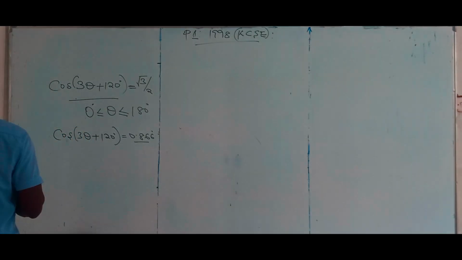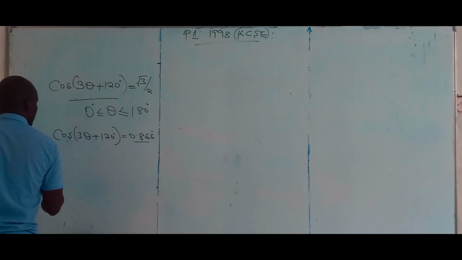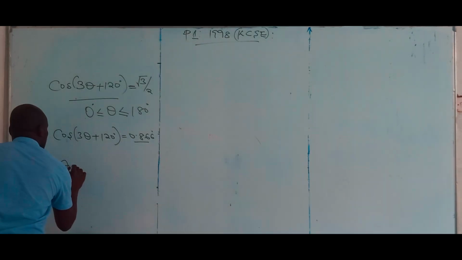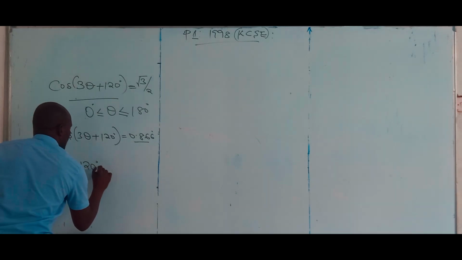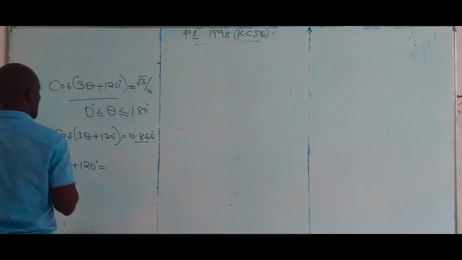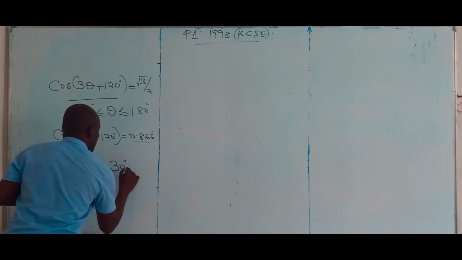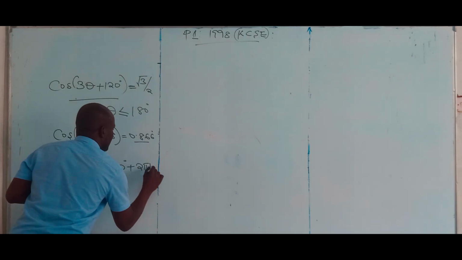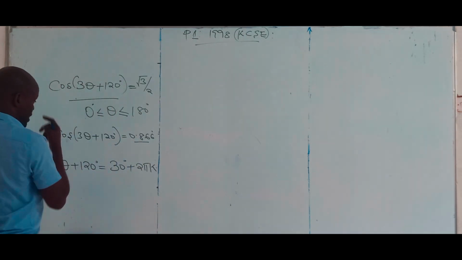So I have that 3 theta plus 120 degrees is equal to 30 degrees plus 2 pi k.